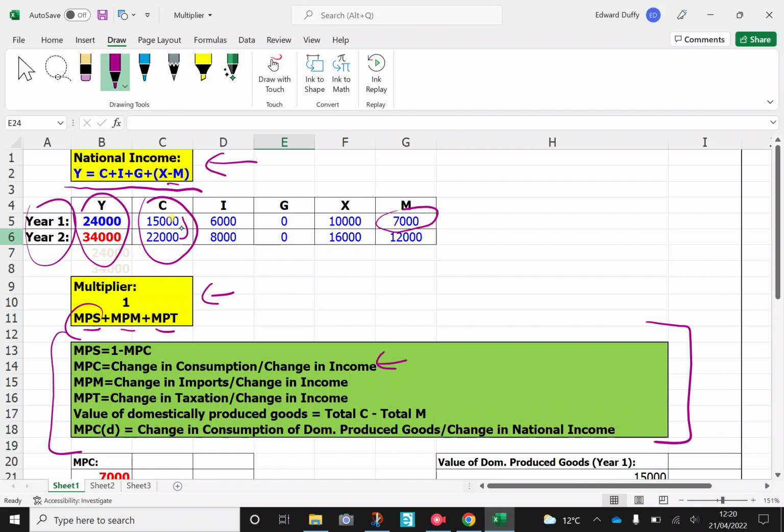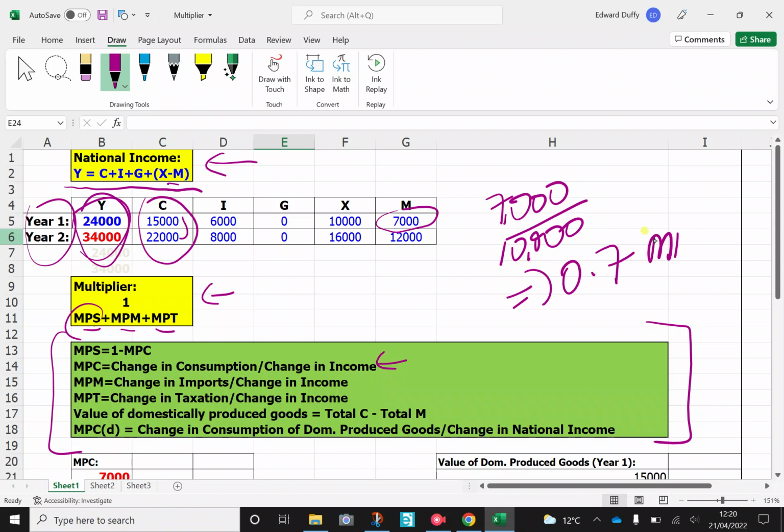So you can see there that the difference in these two is 7,000 over change in income, which is 10,000, which gives us then 0.7. And remember that that's an MPC of 0.7. So to get MPS, according to this, then we take 0.7 away from 1, and that gives us an MPS of 0.3. So that's one of the variables then in the multiplier.